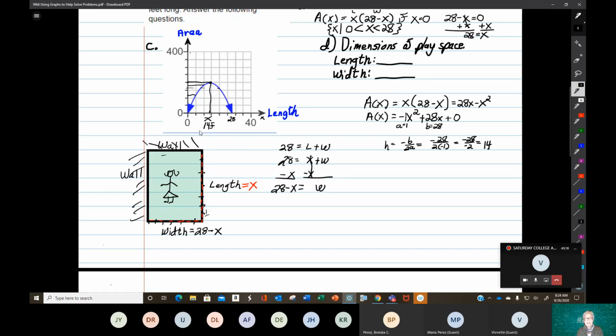And then we have to remind ourselves, what does X mean? X is the length. So this means if the length is 14 feet, I put it right here.